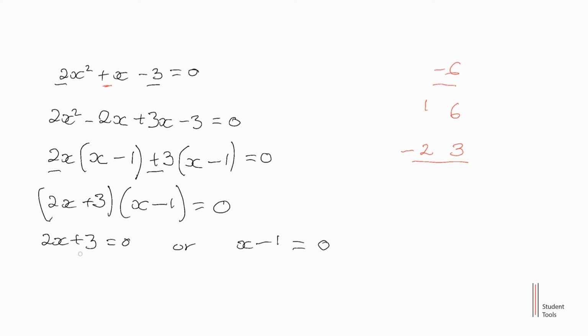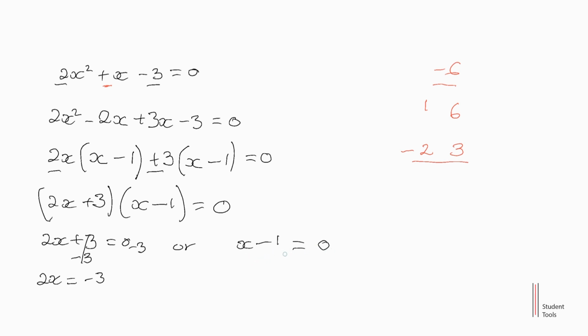This side will have to take the positive 3 from the left hand side to the right hand side. So we'll have to subtract 3 here and also subtract 3 here. This will be equal to 0, such that 2x will be equal to 0 minus 3, that is a negative 3. This side we have x minus 1 equal to 0.